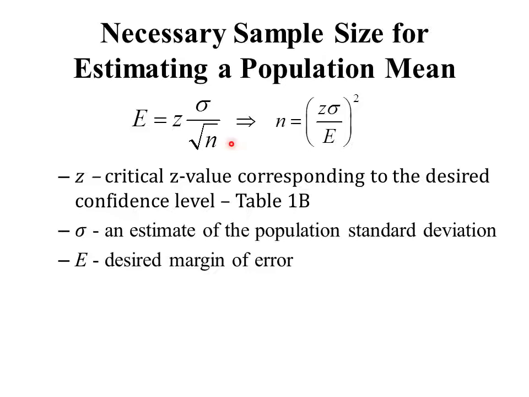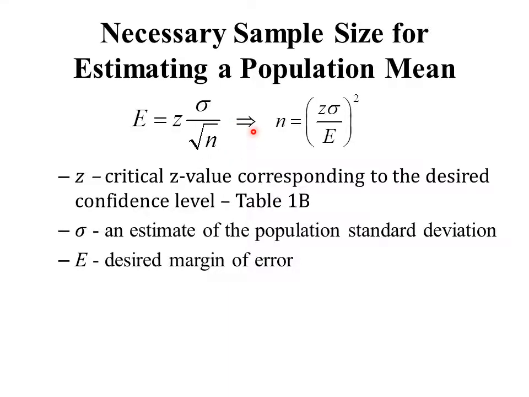So this right here illustrates the points that we've just been making, that the margin of error is affected by the confidence level. Here the critical value corresponds to the confidence level. The margin of error is also affected by the standard deviation and then by the sample size.